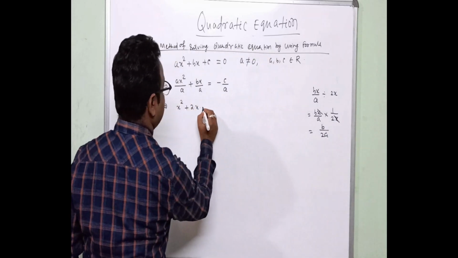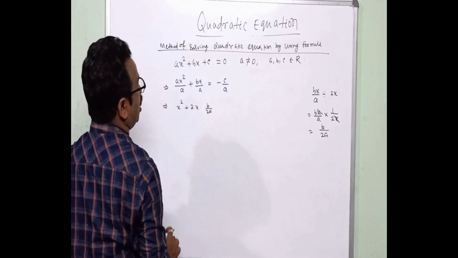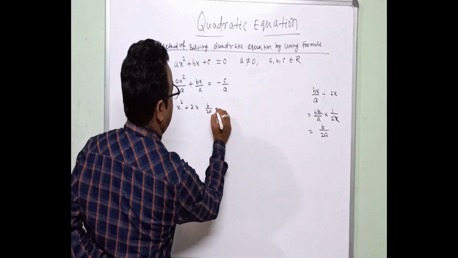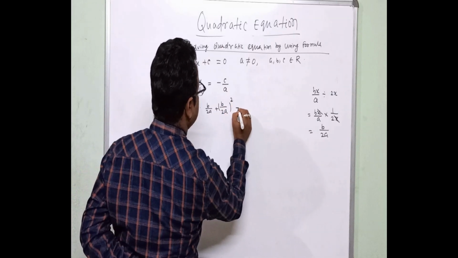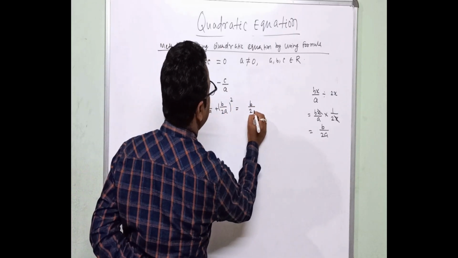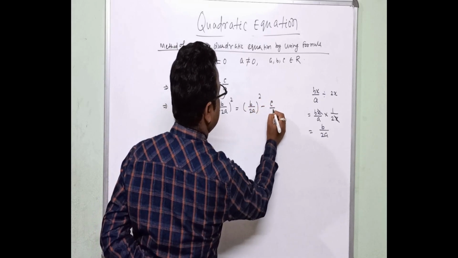We have to multiply by b by 2a, plus b by 2a whole square is equal to b by 2a whole square minus c by a.